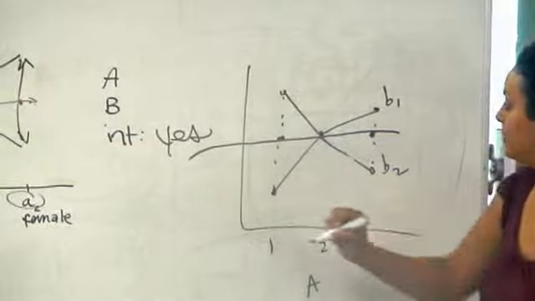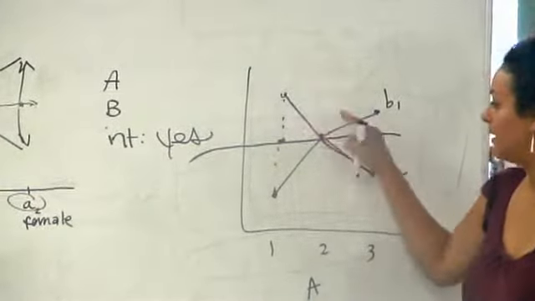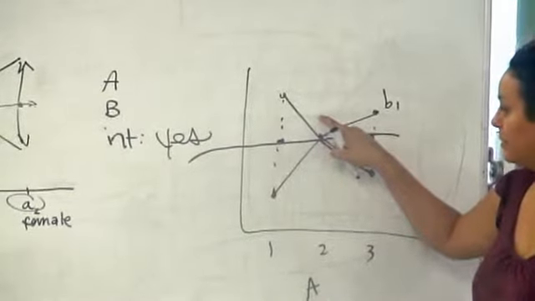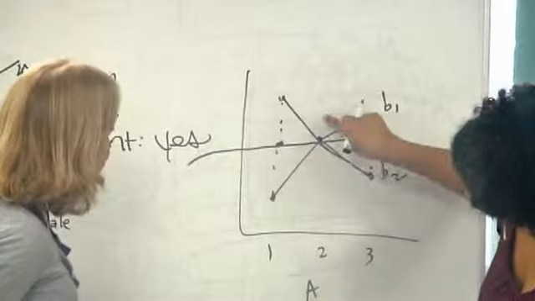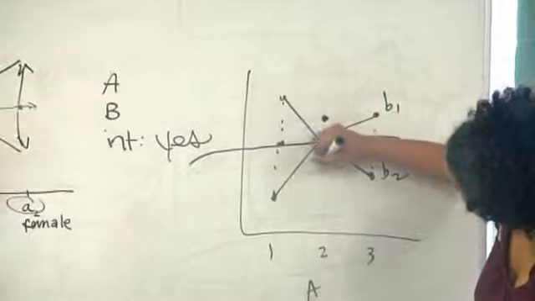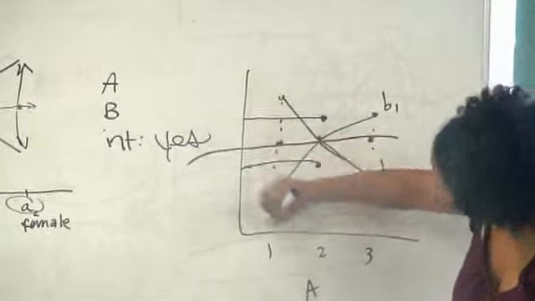And B, it's a little bit tricky because these have 3 points, but it's around here for B1, the average, and then around here for B2. How'd you get that average?